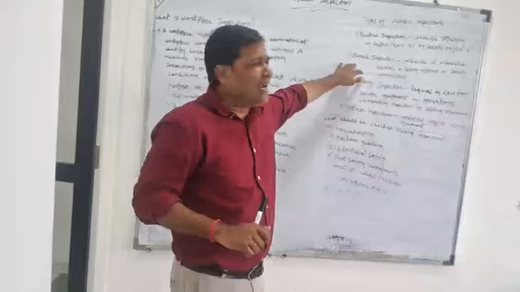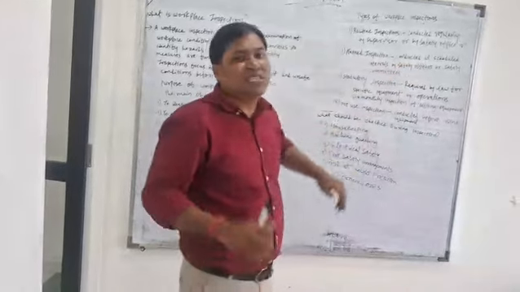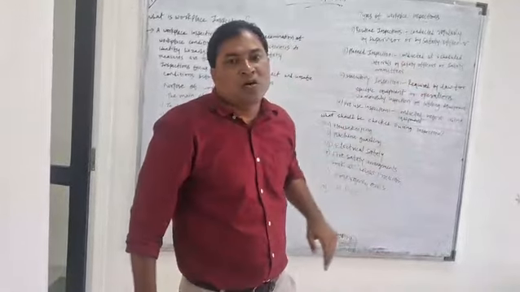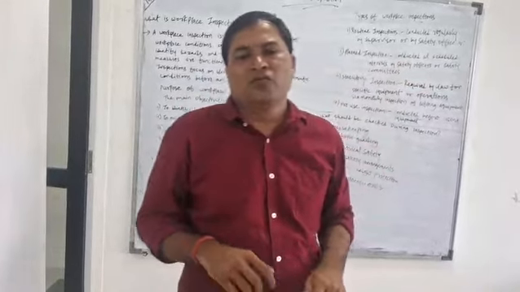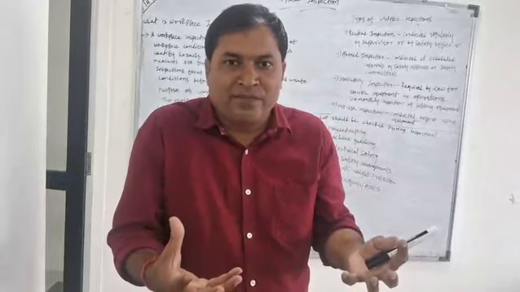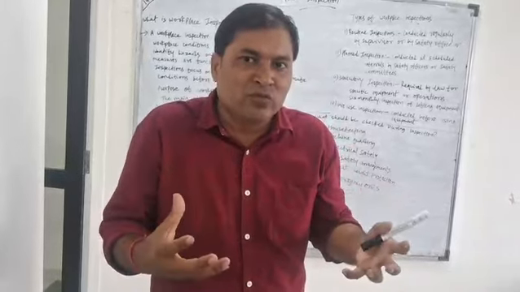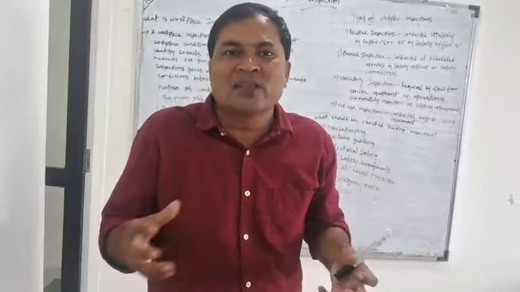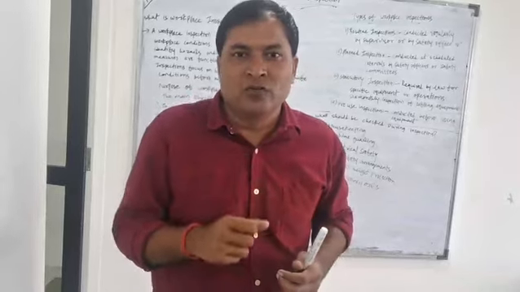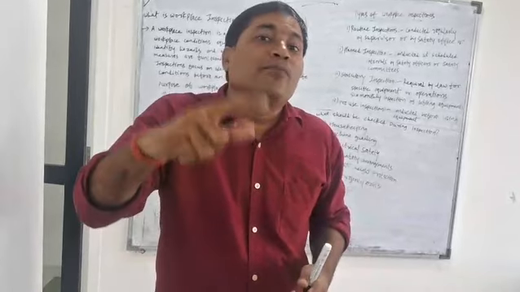Planned inspection is conducted at scheduled intervals by the safety officers or the safety committee. For example, you need to open the fire pump, but you cannot open the pump every day, so that requires planned inspection.